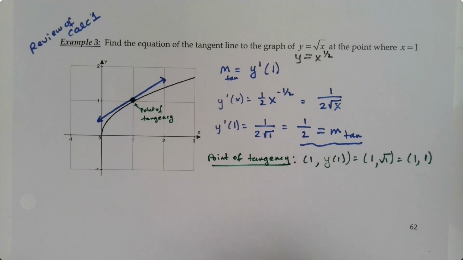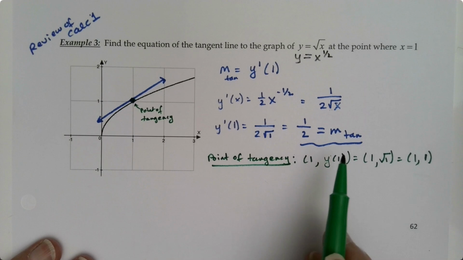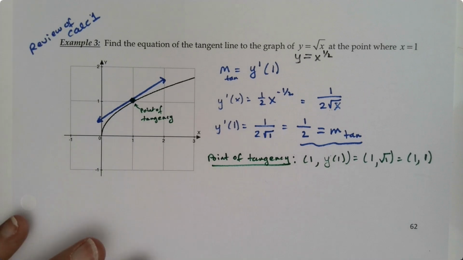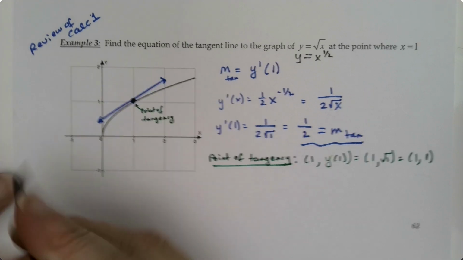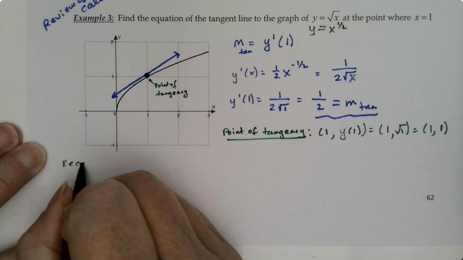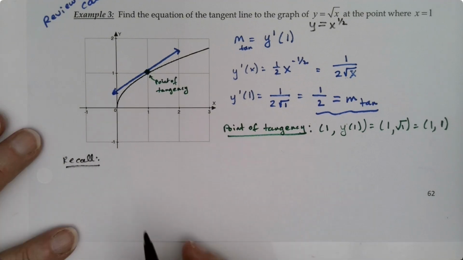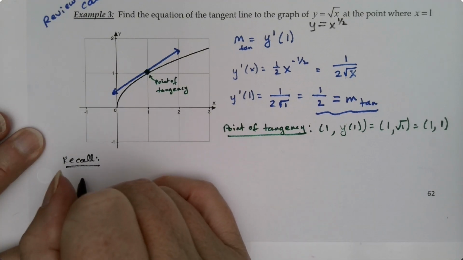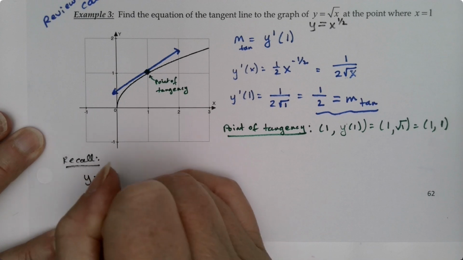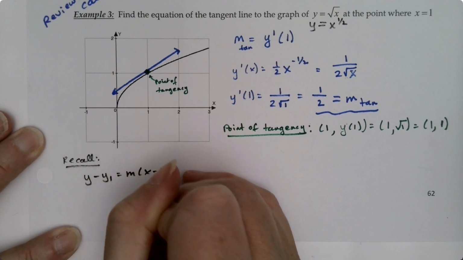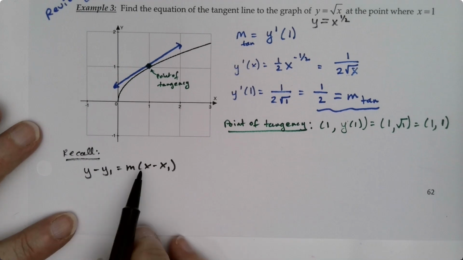All right, so now I have a point and I have the slope. So now let's see if we remember. I'm just going to write these over here. Recall, there's three main equations: y minus y1 equals m times x minus x1, that's the point slope form.